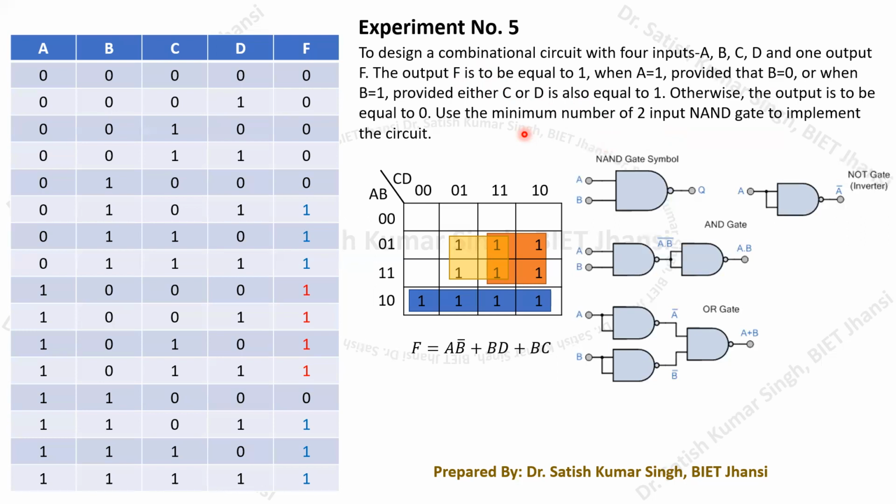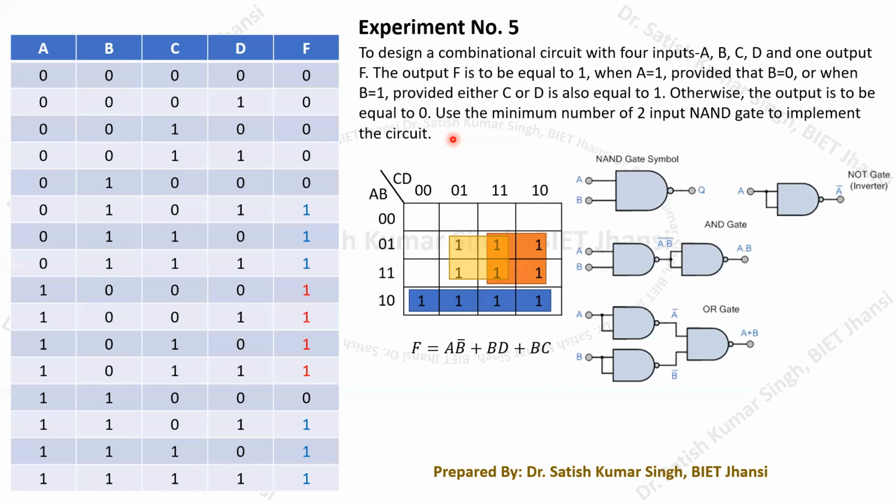First of all, to start with, we have to read the given statement once again, so that we will be able to build the truth table based on the statement.